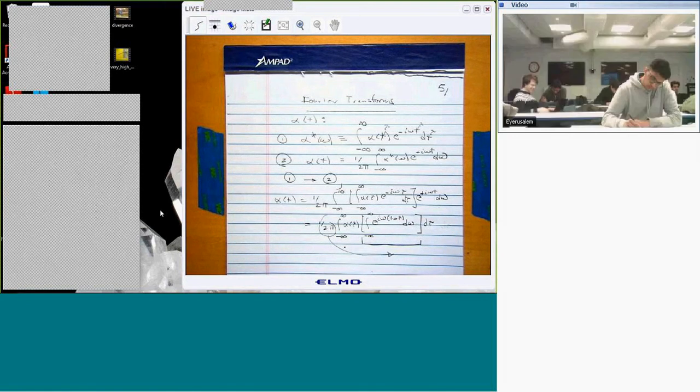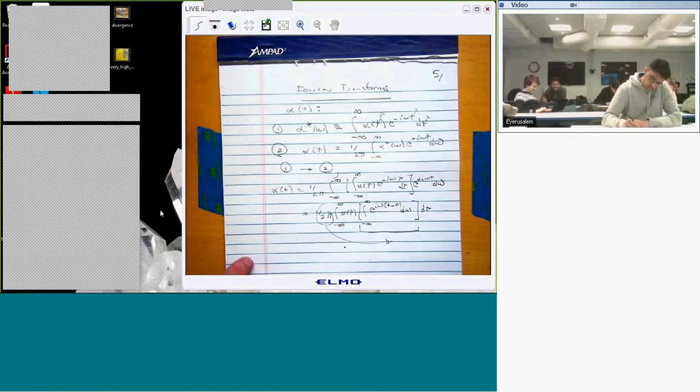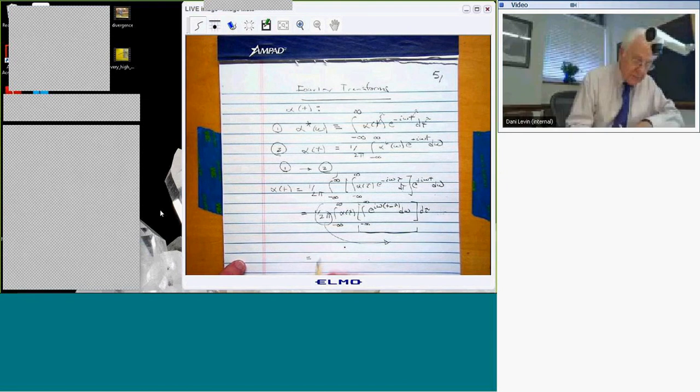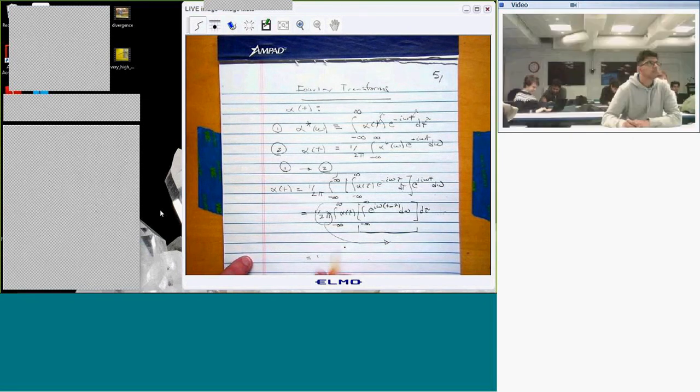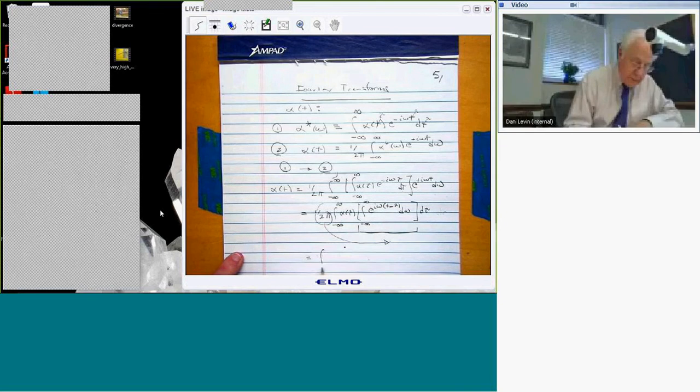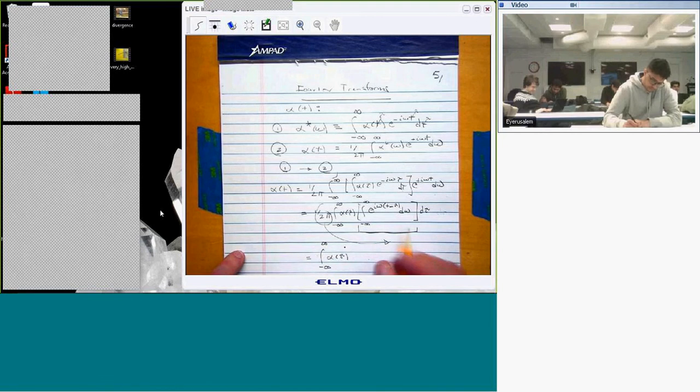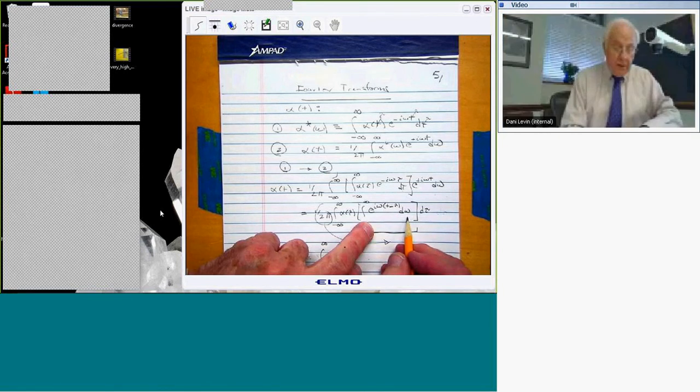And I'm going to write this in the following way. Whatever that is, once I do the integral over omega, it only depends on t minus tau, right?